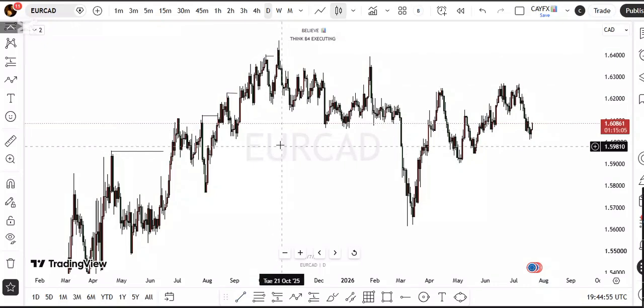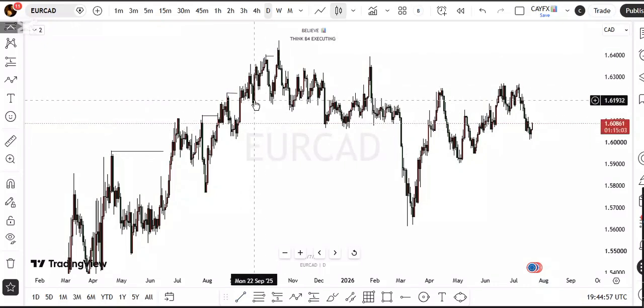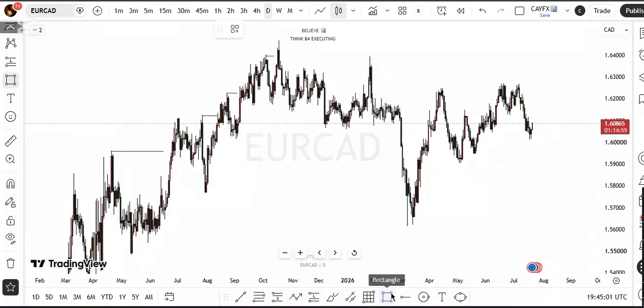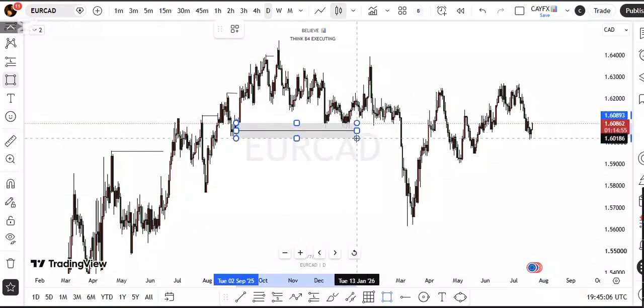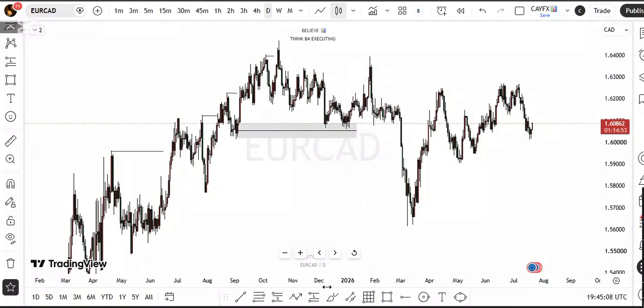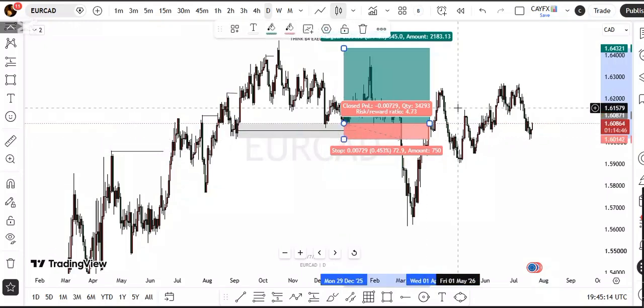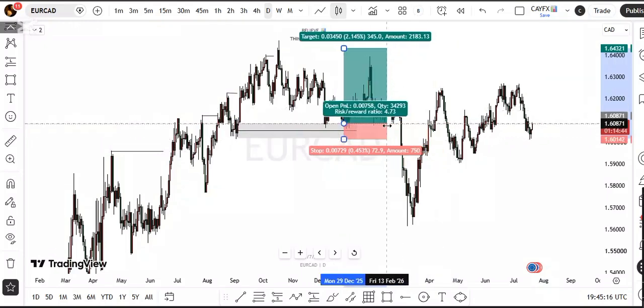But in most cases, the market will come and use this as liquidity, as you can see it's used here, and give a small buy to the upside.